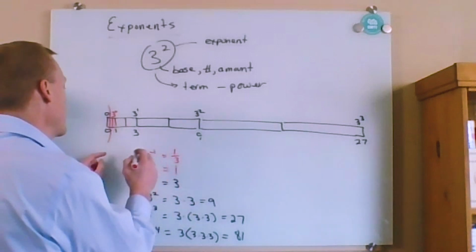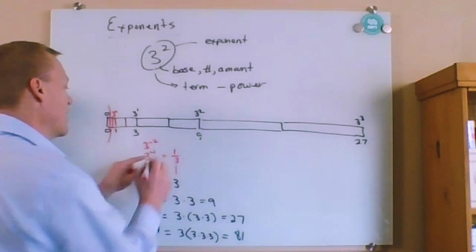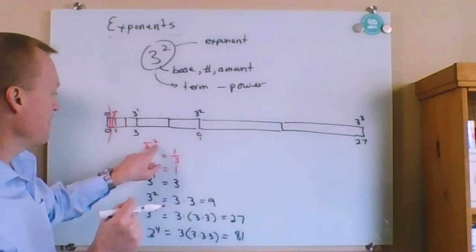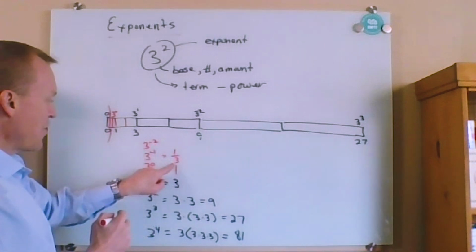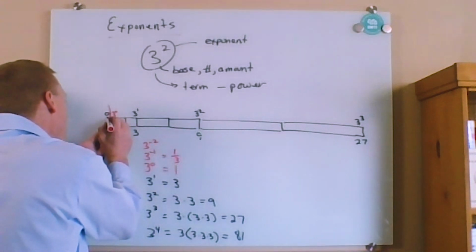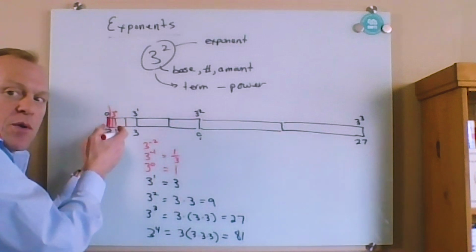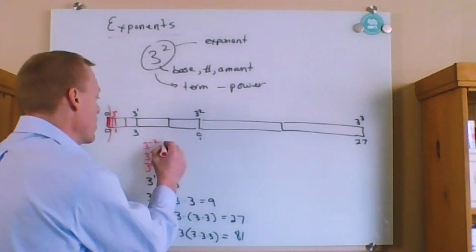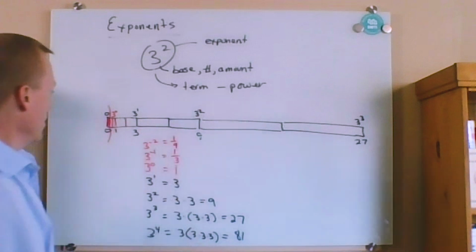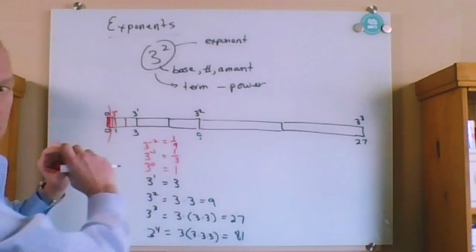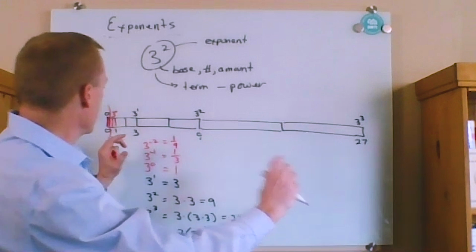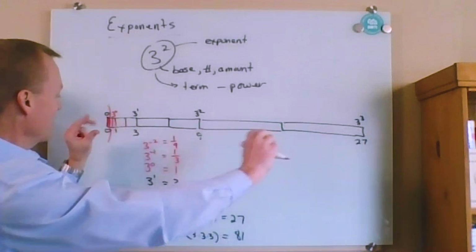So if I was to do that again, what is 3 to the negative 2nd power? That means I'm taking the 3rd, and I'm partitioning that into 3. So that's 3 of the 3rds. So what is a 3rd of a 3rd? That would be 1/9. So that gives us a linear model of exponential functions, or exponents, excuse me.